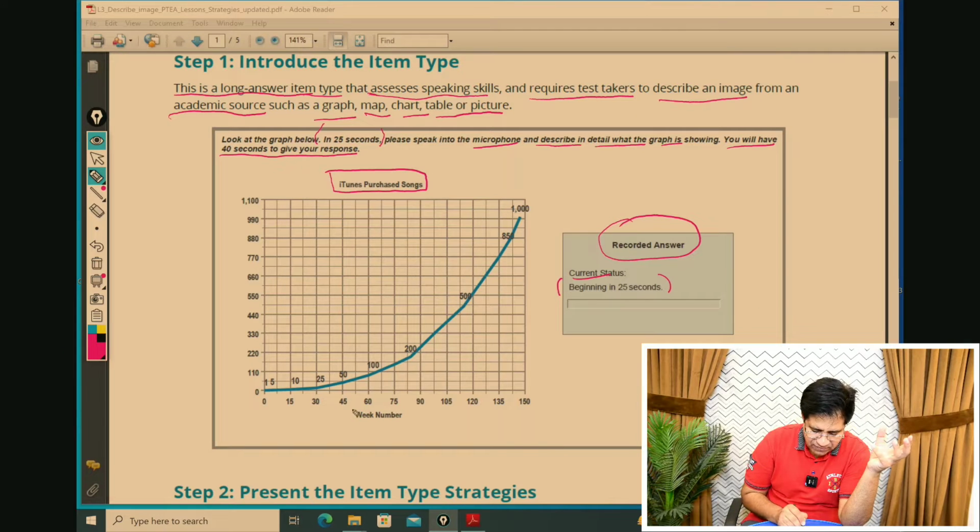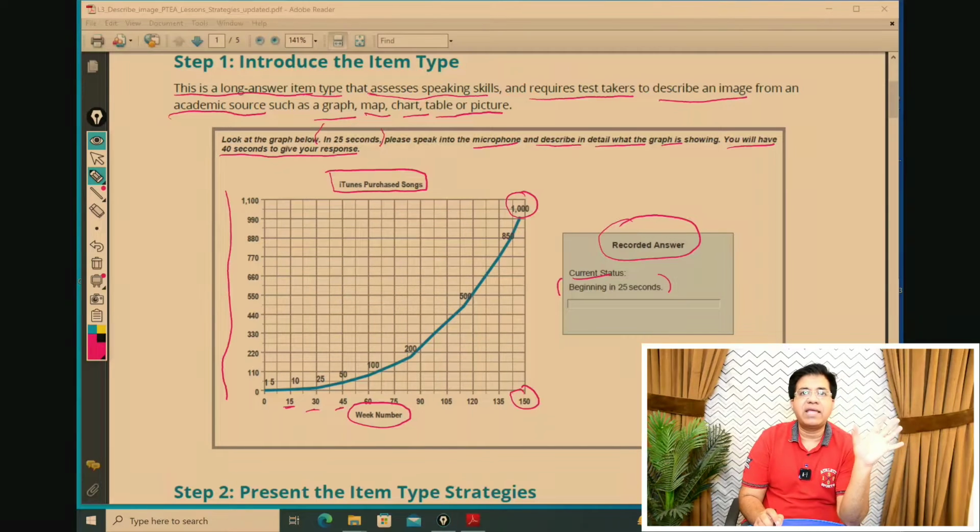And then you can see week number. So over here we've got week number, and over here we've got number of songs, right? 0 to 15, 30, 45, and on week number 150, it reached the highest, almost 1,000, right? So week number, iTunes purchased, right? So it's just like that.